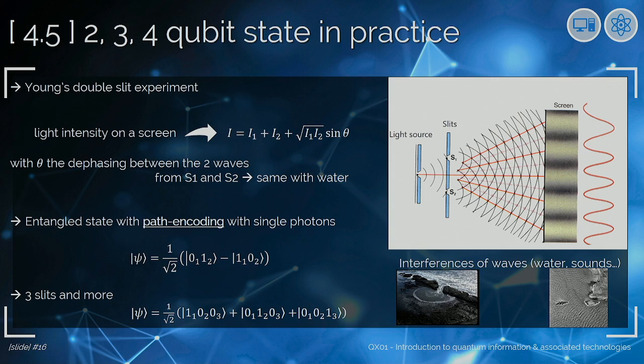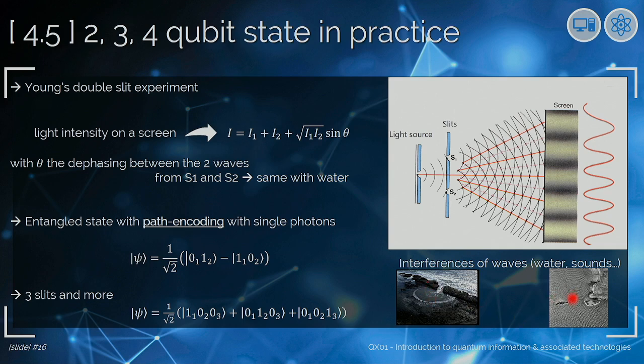And this is nothing particularly quantum. We would see the same thing with water. Those are actual images of water. Here's one slit where you can see the water making this kind of nice ring where the water wave is transformed into what we call a spherical wave.